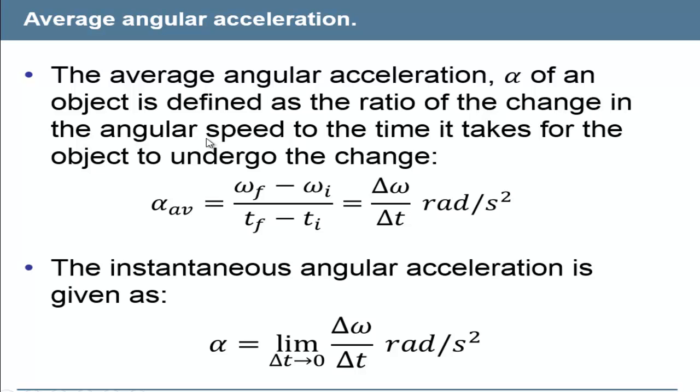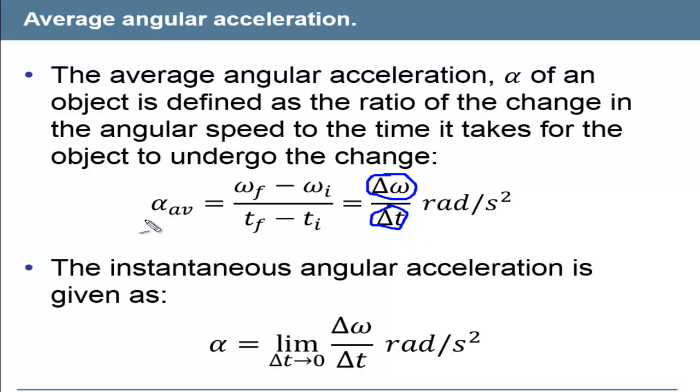Again, we have the equations for alpha, the angular acceleration, whose units are radians per second squared, because this is in radians per second, and then we divide by time again, so we have radians per second squared, completely analogous to meters per second squared.